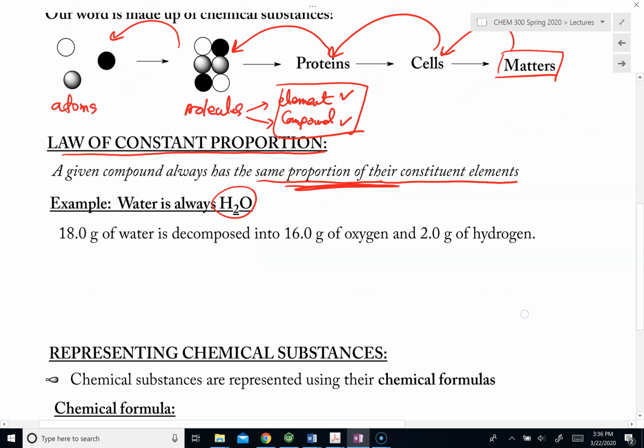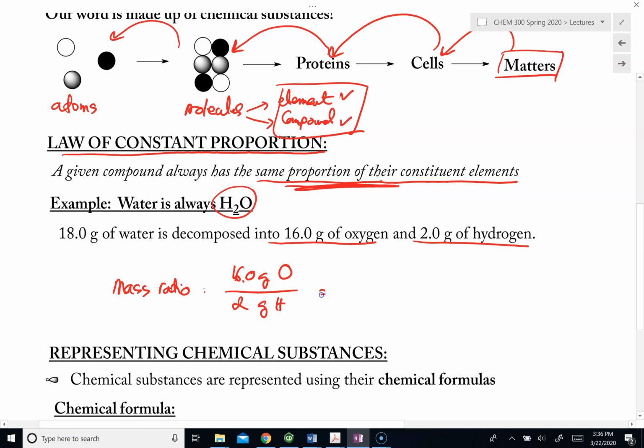So if we were to have 18 grams of water, that would decompose into 16 grams of oxygen and 2 grams of hydrogen. And this mass ratio between oxygen and hydrogen would always be the same. The mass ratio between oxygen and hydrogen in water would be 16 grams of oxygen over 2 grams of hydrogen.